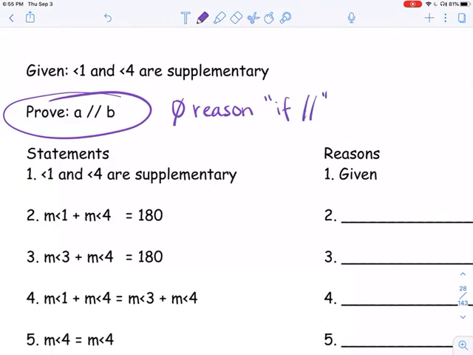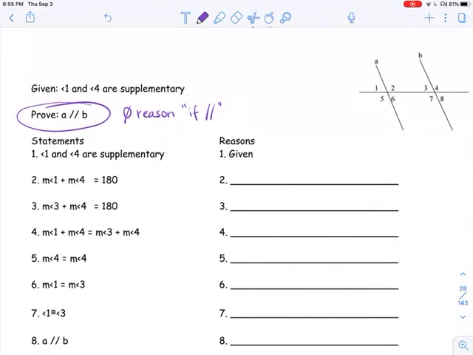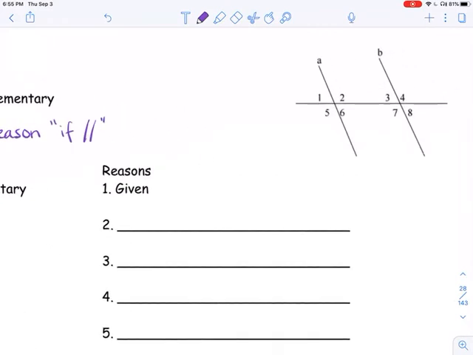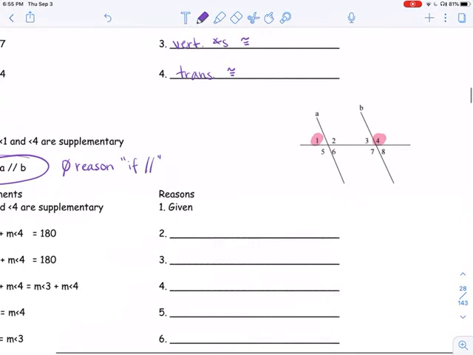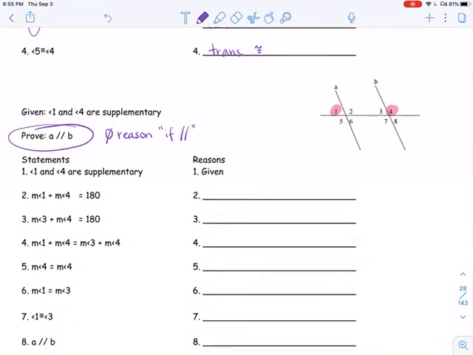If we don't know that our lines are parallel, we cannot use "if parallel" until after we know something to be parallel. So we're going to start out here. We are given that 1 and 4 are supplementary. So I'm just going to highlight those. 1 and 4 are supplementary, and I want to work my way to prove that my lines are parallel.